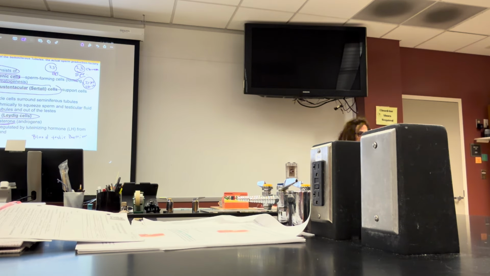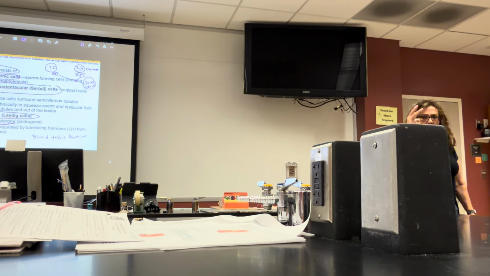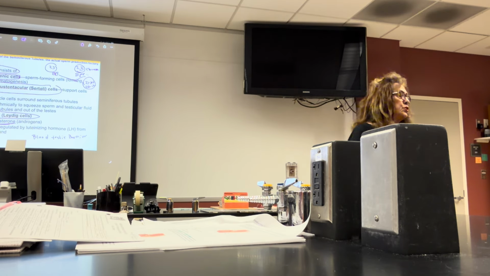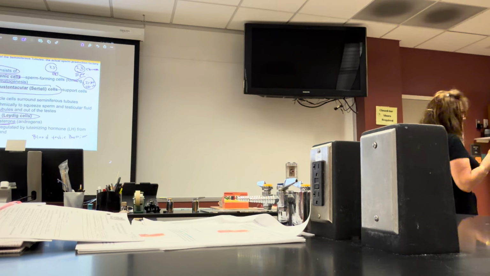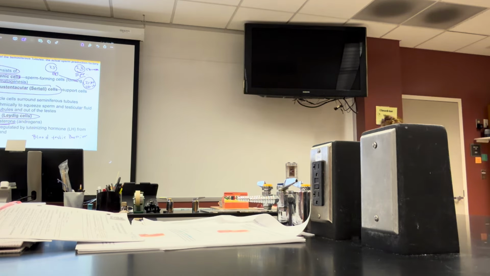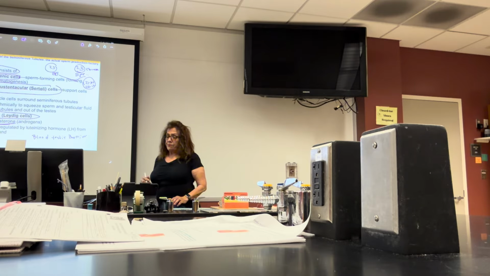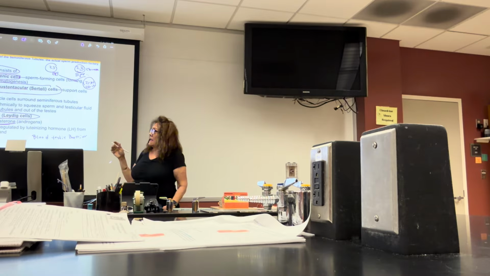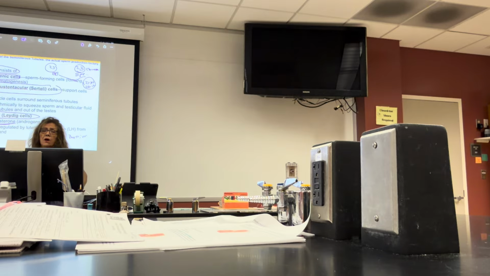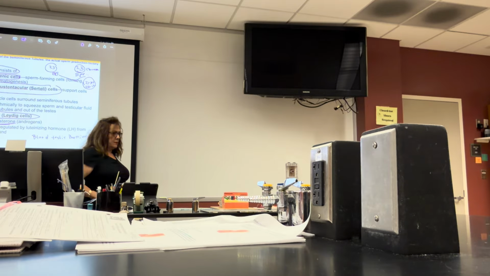The spermatogenic cell is first, 2, primary spermatocyte, 3, secondary spermatocyte, the spermatid, and finally the sperm. Now, the plural of sperm is spermatozoa. We don't put an S and call them sperms. So you have to write spermatozoa or sperm. Now, there is another type of cell. It's called the sustentacular cell, also known as the Sertoli cell.